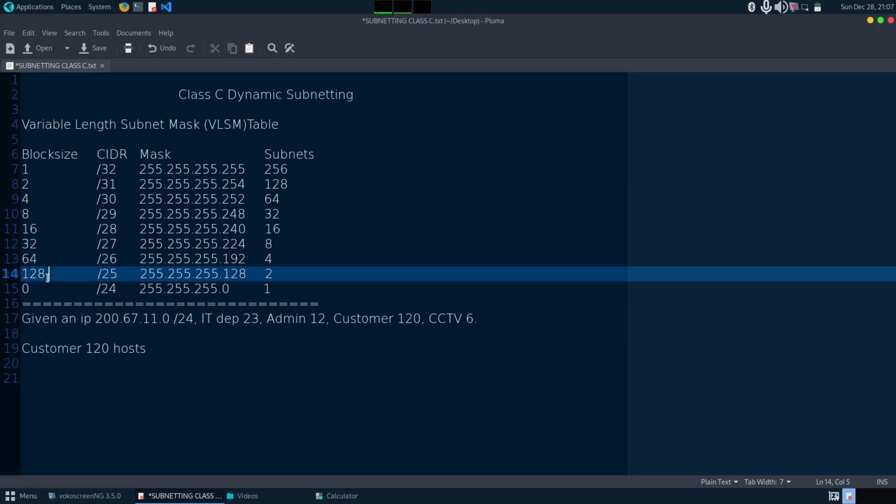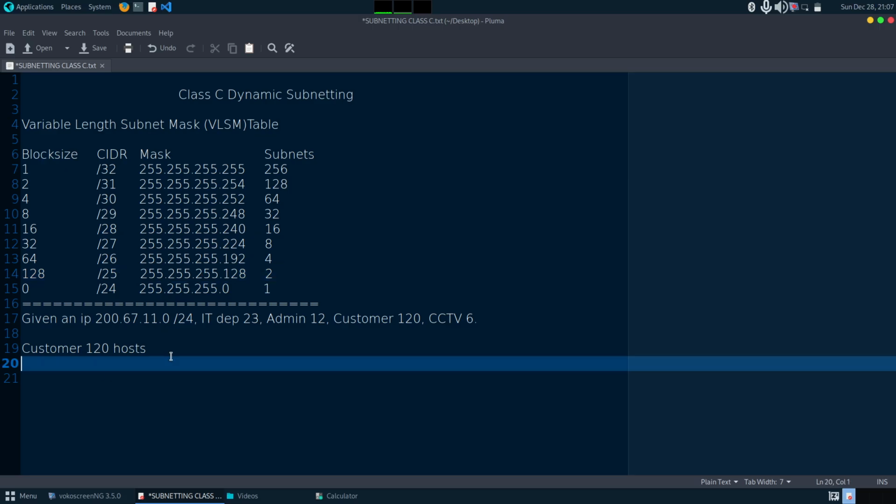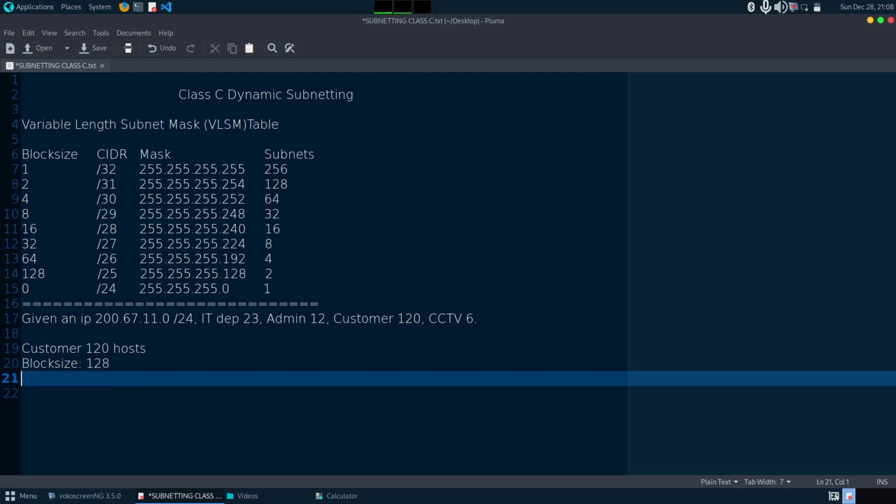Therefore our block size is 128. You see the good part of dynamic subnetting, we'll just be picking these values, no need of calculations.